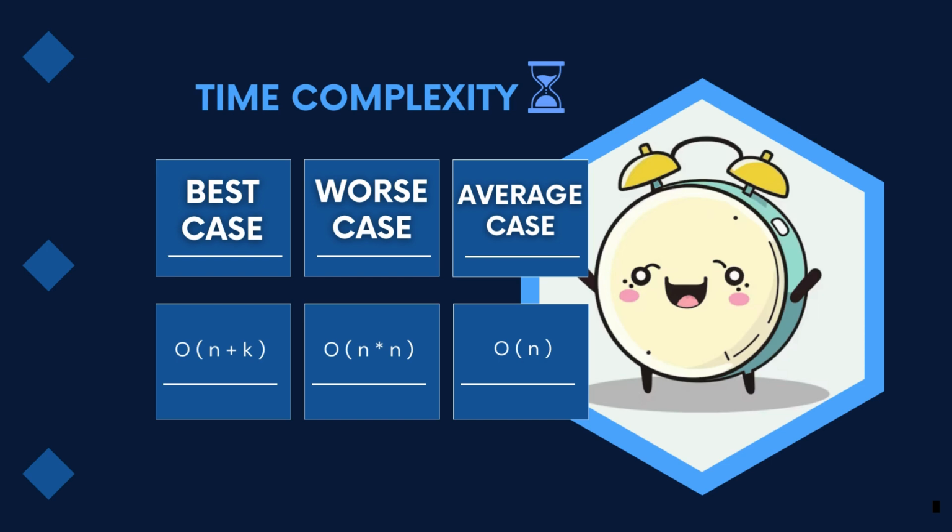Next, we have the average case, that is O of n into n. And finally, we have the worst case, that is O of n. Here, n is the total number of elements to be sorted and k is the number of buckets. So let us understand all the three cases one by one.